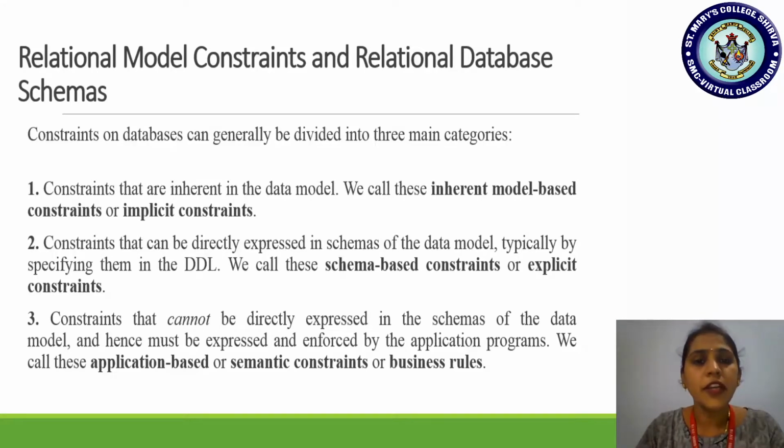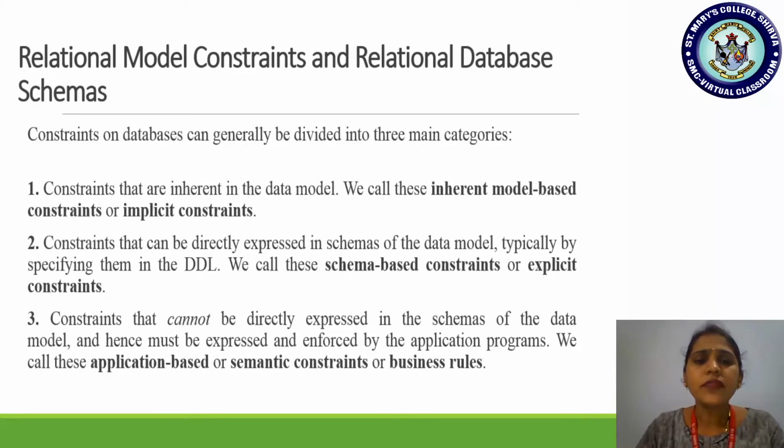For example, you have inherited a few features of your parents, either the physical look or some characteristics that resemble your parents. That is the inherent property. So constraints which are inherent in the data model, or properties which are there by default, we refer to as inherent model-based constraints or implicit constraints.